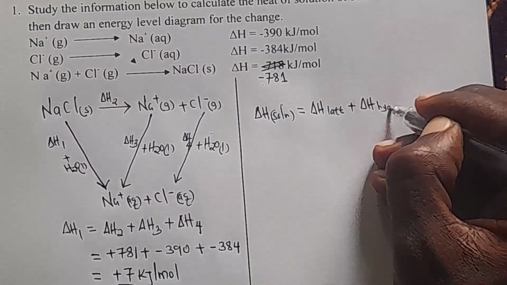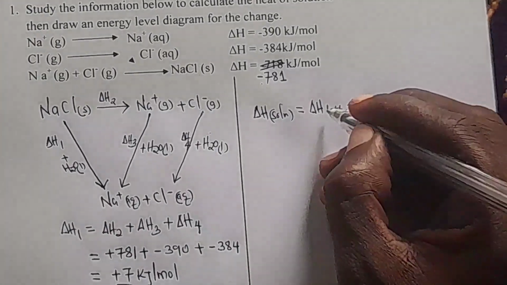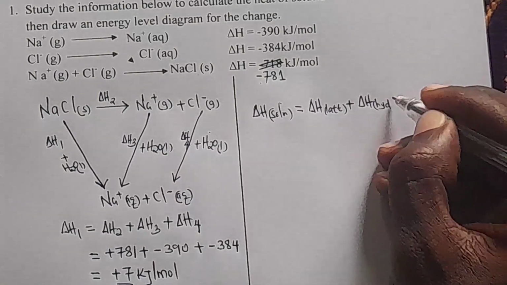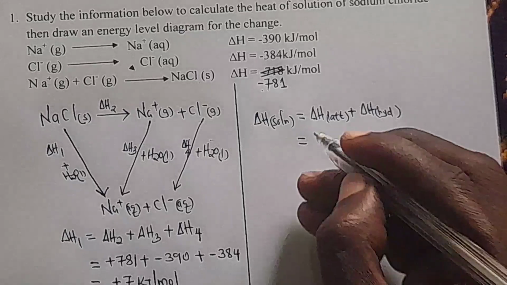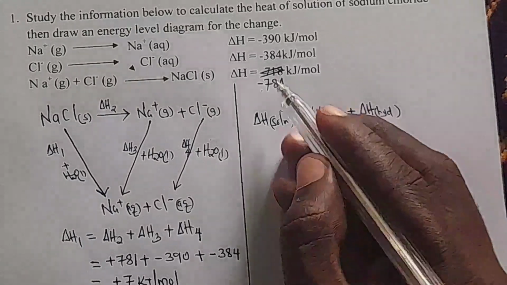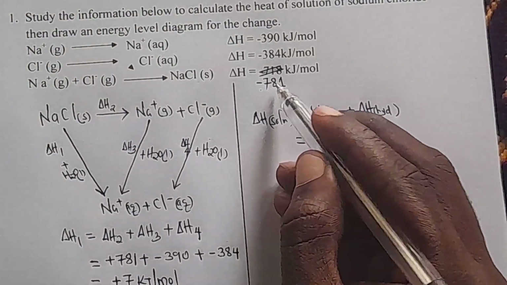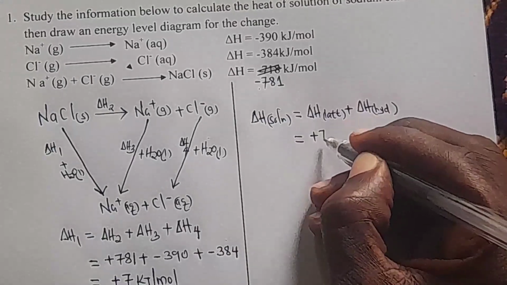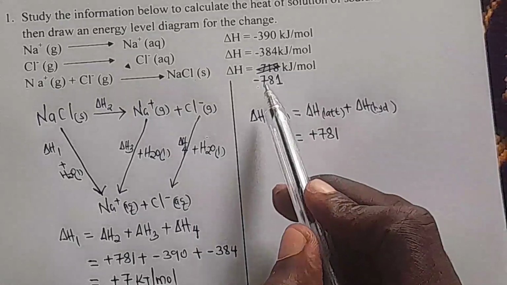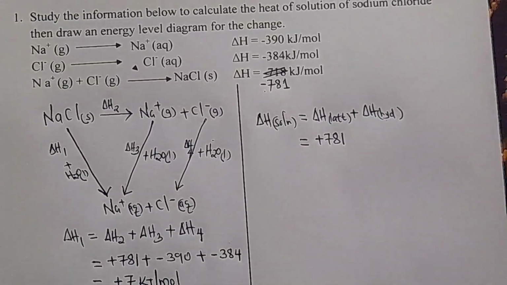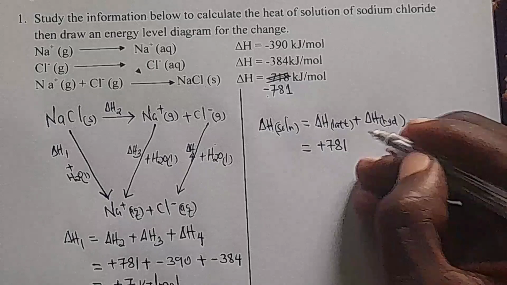That's the formula. But when you're using the formula, you have to assume that the lattice energy is positive. So in our case, we are given negative 781, but you have to say positive 781. When you're using this formula, you always change the sign of lattice energy to positive.